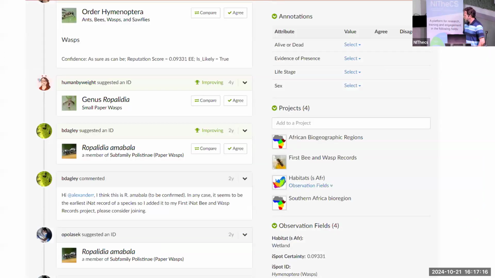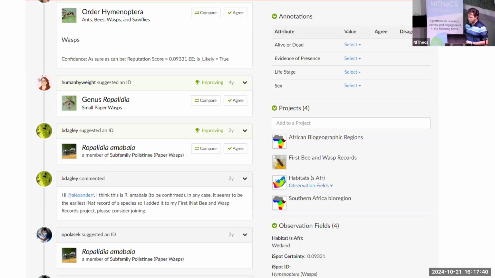Then if we sort of look at when you're interacting with different experts and making the identification. So this is taxonomy, but it's not boring. It's alive. It's people interacting. So Alex would have proposed, he's not sure what it is, so he's saying it's a Hymenoptera. And then this next person will say, okay, it's that genus.